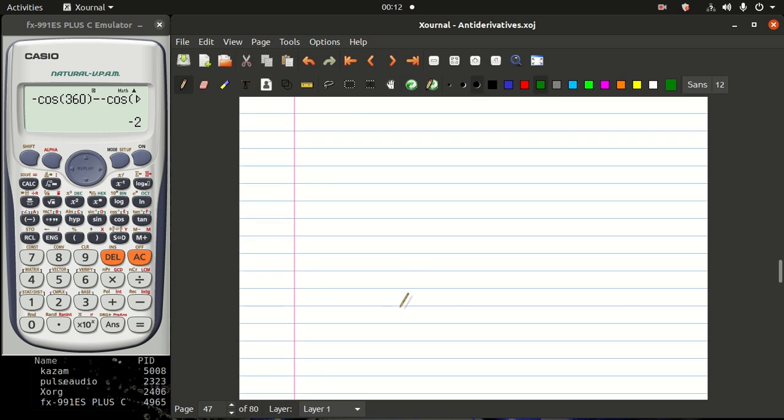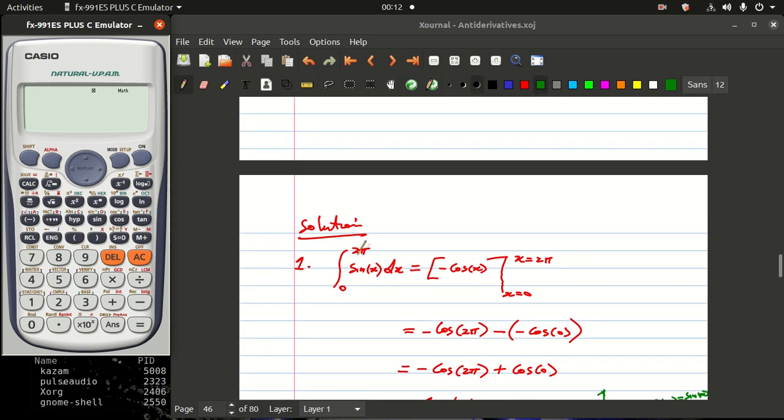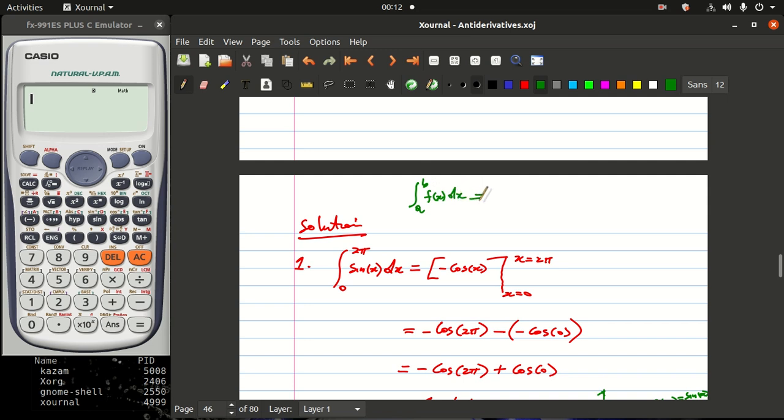Those are some of the important things, the differentiation between the total area and the net area, and what is the definite integral. A definite integral, we know it by having an upper limit and a lower limit. Whenever we want to evaluate the definite integral, where you have a, b, and f of x dx there, all you need to do is find the particular antiderivative of this and evaluate it at b, and you subtract the particular antiderivative evaluated at a.